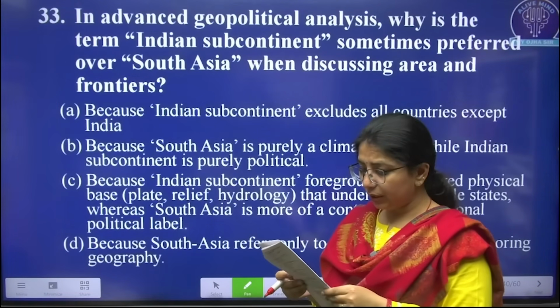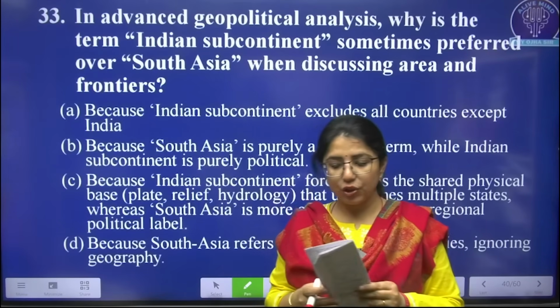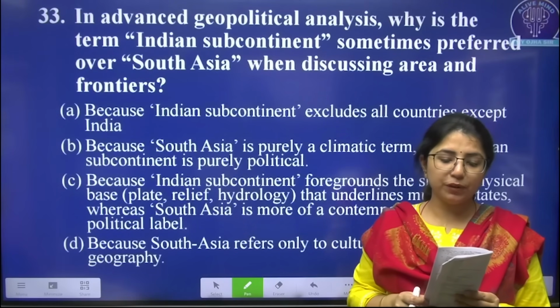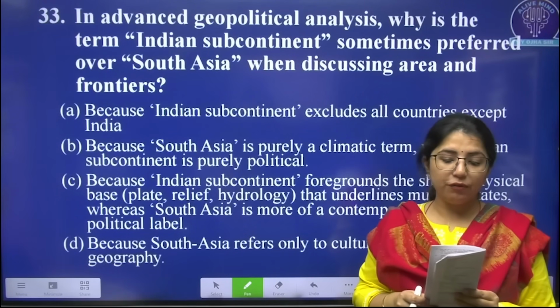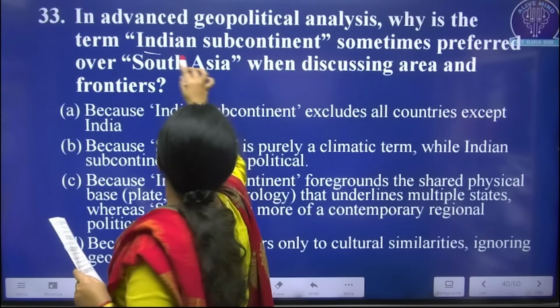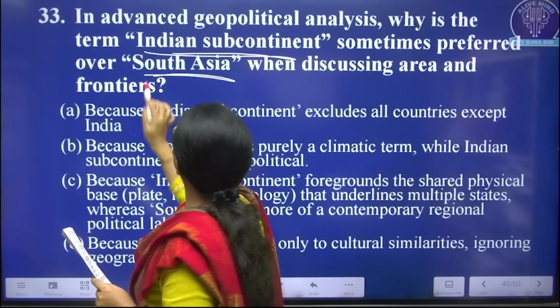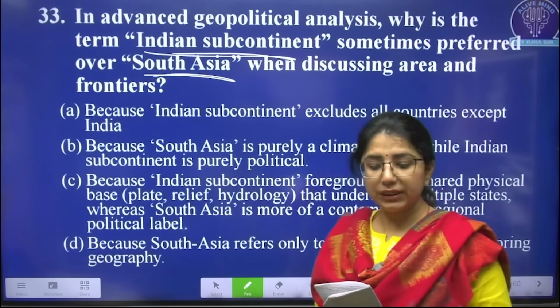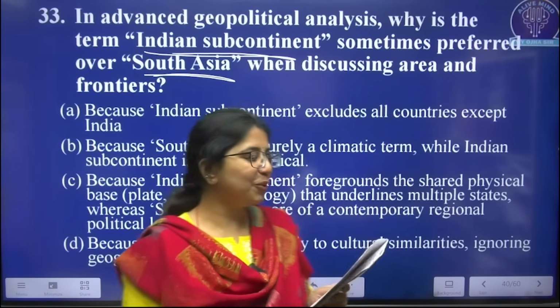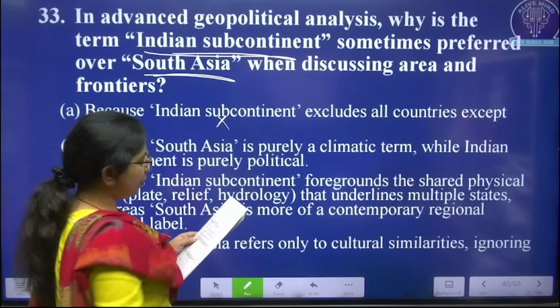The next question is question number 33. In advanced geographical analysis, why is the term Indian subcontinent sometimes preferred over South Asia when discussing area and frontiers? Why do we prefer this name rather than South Asia? Because Indian subcontinent excludes all country except India? No, this is wrong.